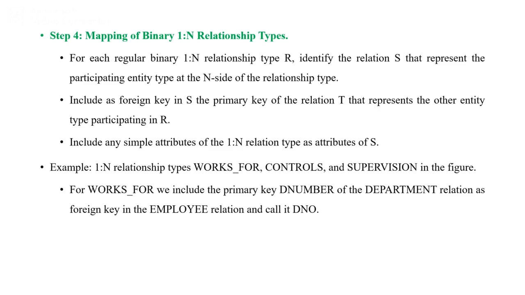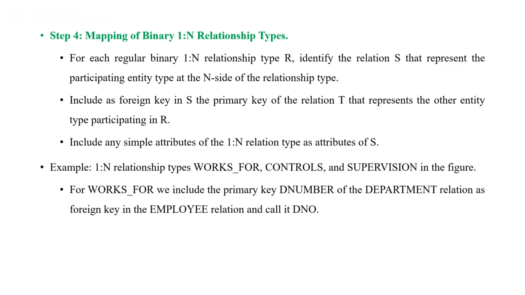Here the total participation comes from the employee and the partial participation comes from the department. Therefore, wherever it is total participation, that is the maximum participation, we represent it by using the n side of the relationship type. Then partial participation, the minimum participation, we can represent by using a 1.